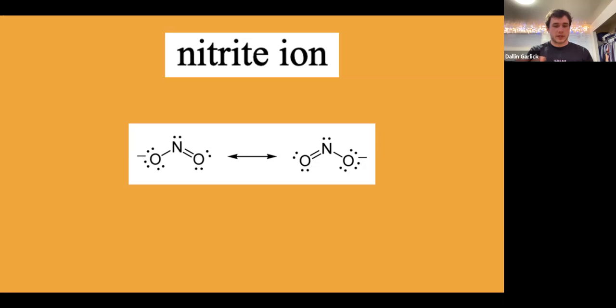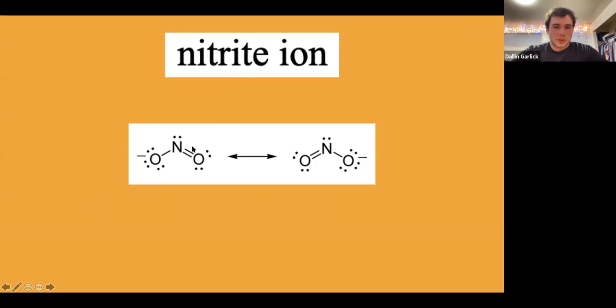There are 2 bonds, so that's how many bonds there are. But in this one, the nitrite ion, there is a double bond here and then a single bond here. So there are 3 total bonds: 1 bond here, 1 bond here, because it's a double bond so it's 2, and then the single bond, so it's 3.